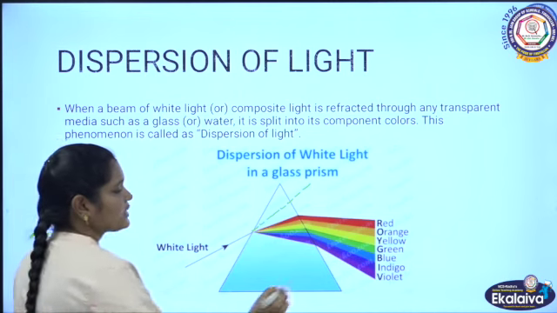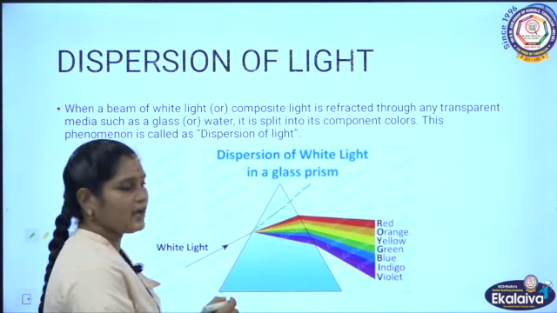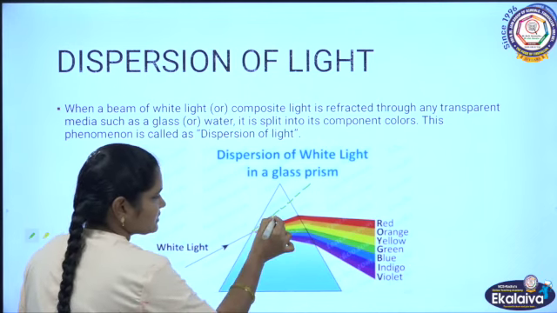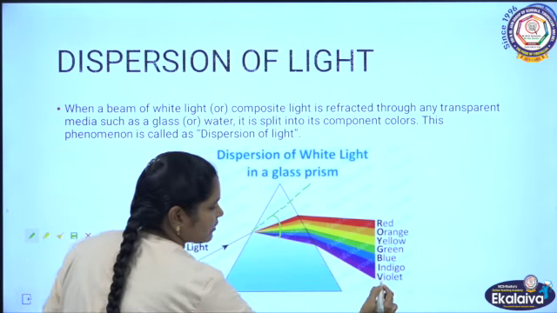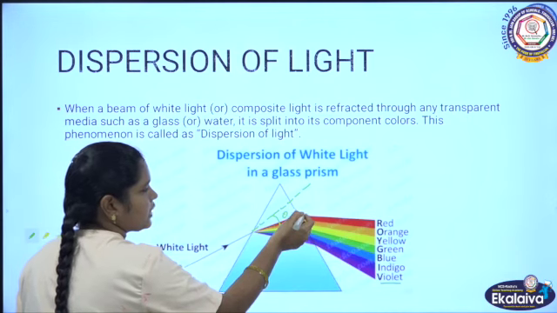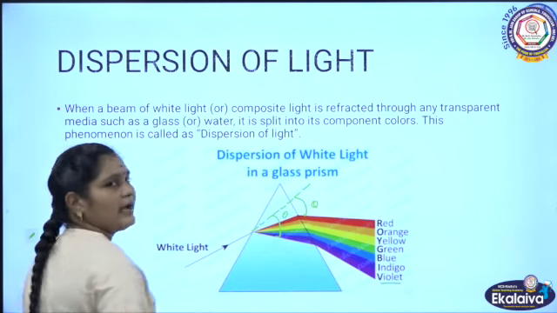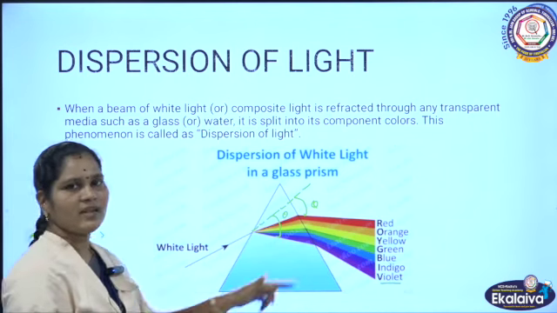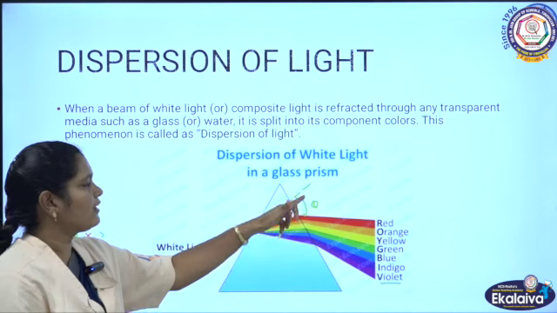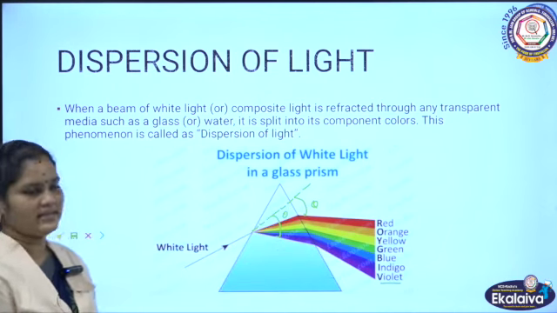See this, the angle of refraction is higher for violet. But the angle of refraction is lower for red because red is nearer to the angle of incidence. So the angle of refraction is smaller for red and higher for violet.